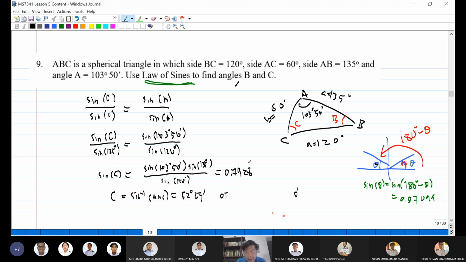Okay, another way is C equal to 180 minus 52 degrees 27 minutes here. Okay, there are two possibilities. So this time is actually 0.7928 now.